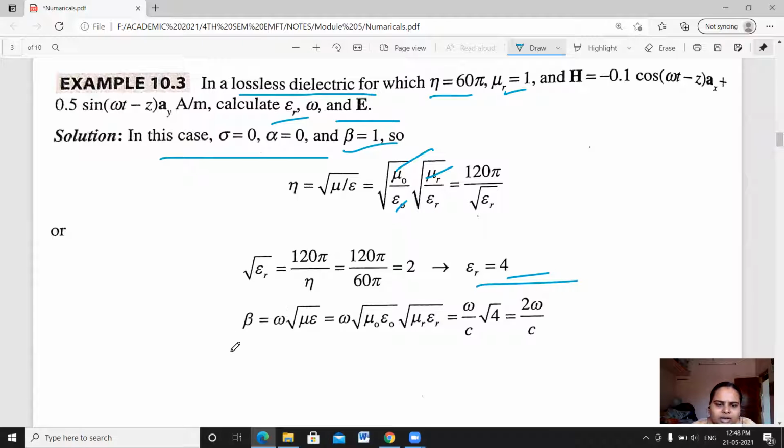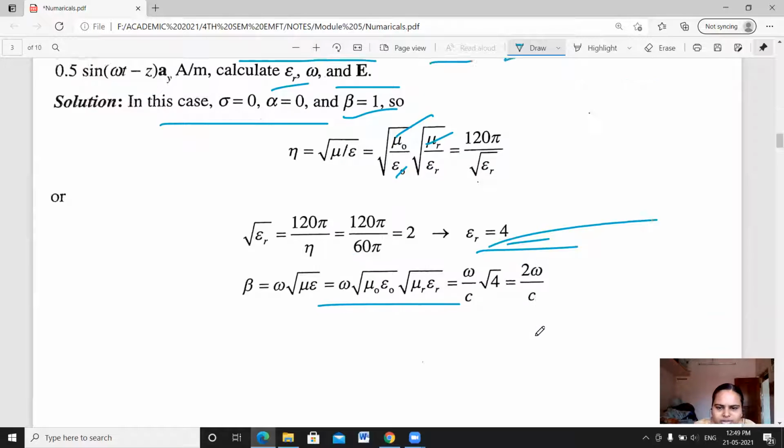Then beta is equal to omega into square root of mu epsilon, that is square root of mu naught epsilon naught times square root of mu r epsilon r, that is nothing but 1 divided by c. These are all things we already learned in the theory part. For that reason, directly you can write it as omega by c into square root of 4, that is nothing but 2 omega divided by c.